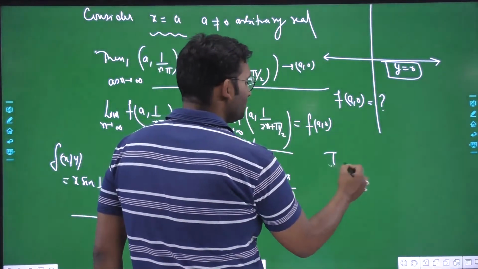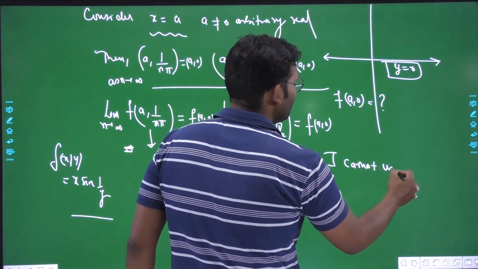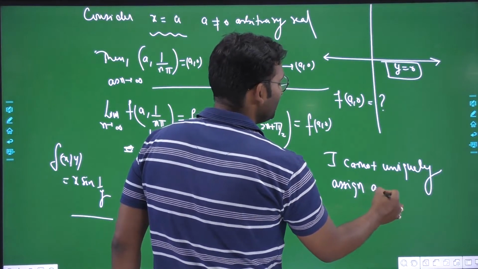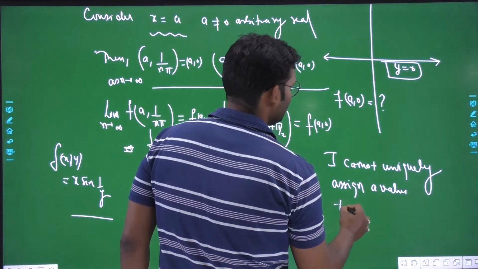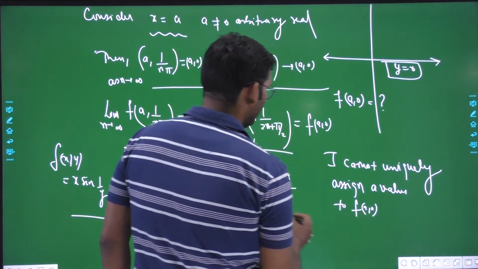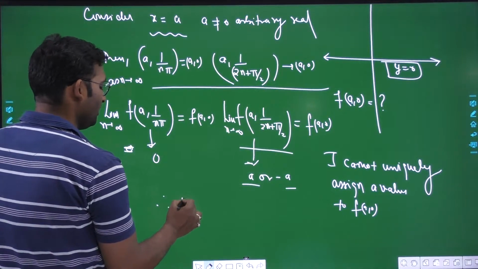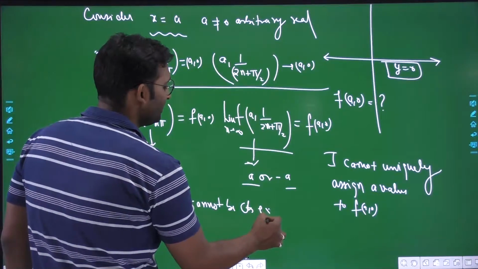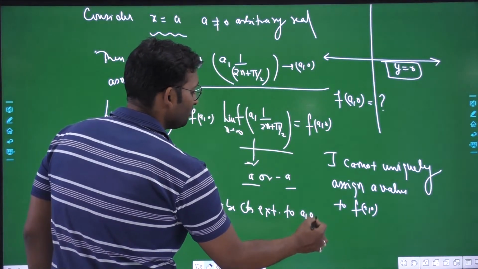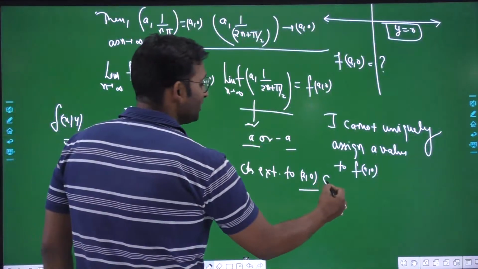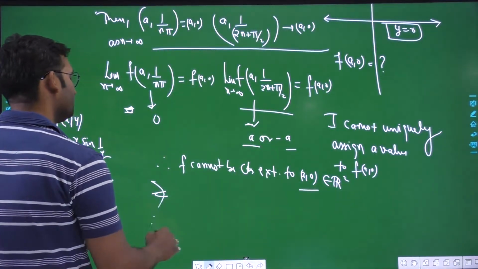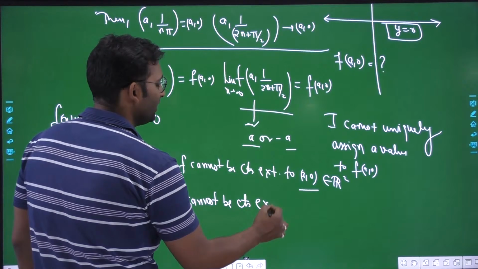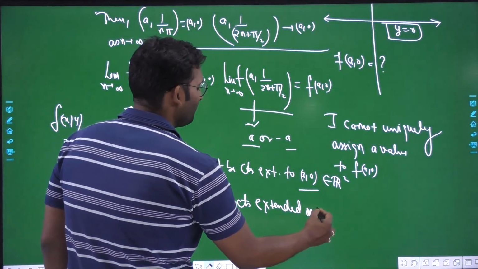So I cannot uniquely assign a value to f(a,0). Therefore f cannot be continuously extended to (a,0), and (a,0) certainly belongs to R square, which implies f cannot be continuously extended on the whole of R square.